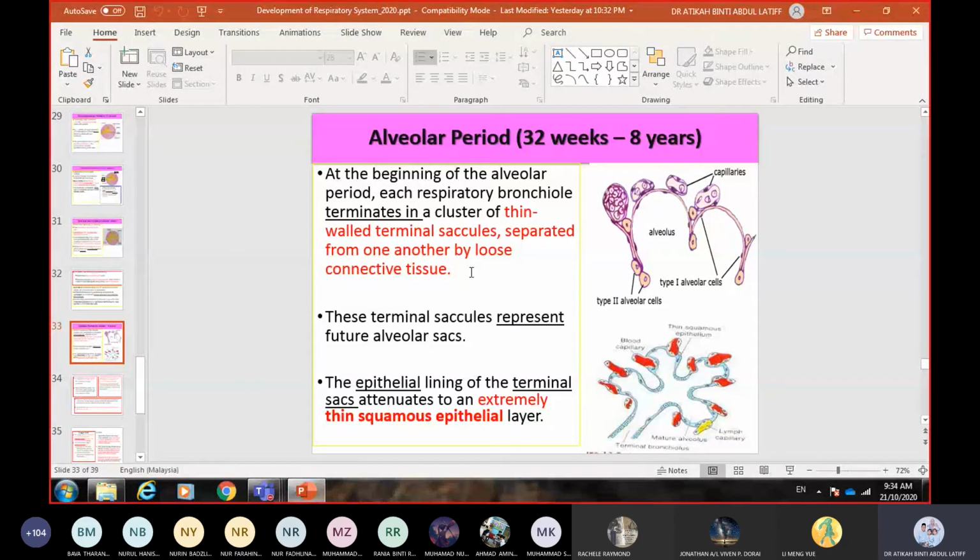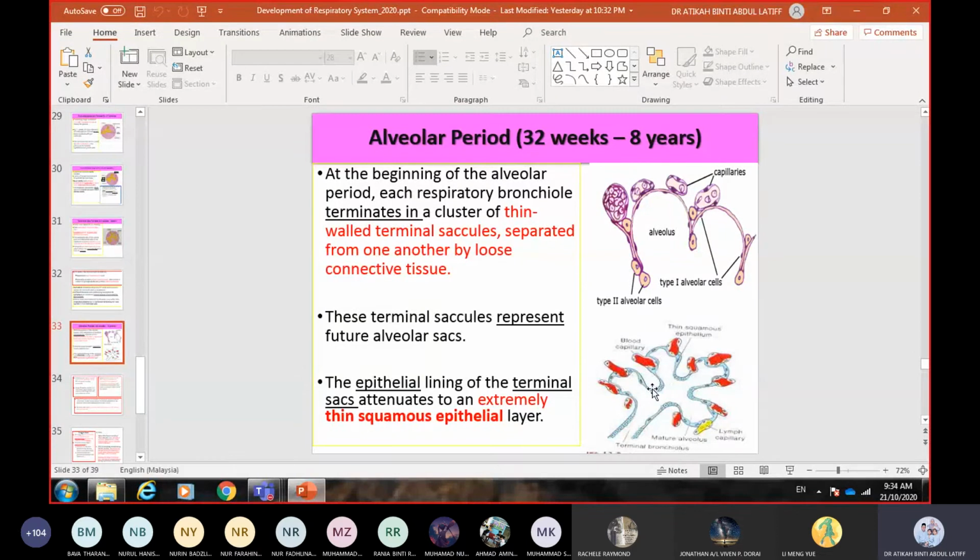What this basically means is that the walls are already very thin at this stage, so gas exchange can occur very quickly. The epithelial lining of the terminal sacs attenuates to form an extremely thin squamous epithelial layer.